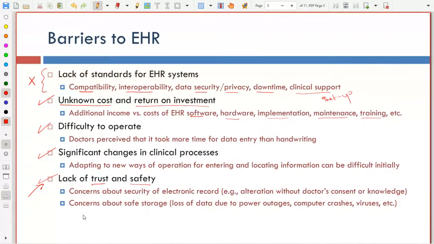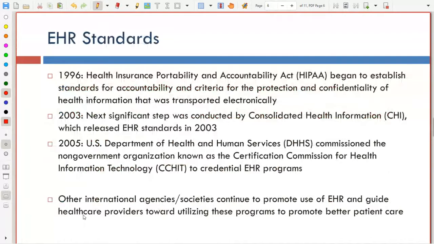So inshallah, next time we're going to start with HIPAA standards. We're going to talk about the history of the standards, and I'm going to talk about the HIPAA standard. Okay? You have any questions?